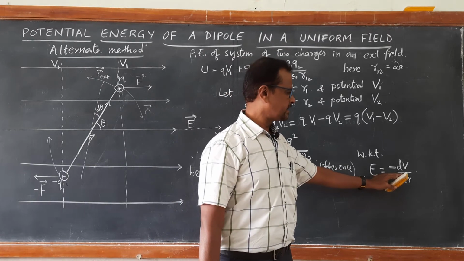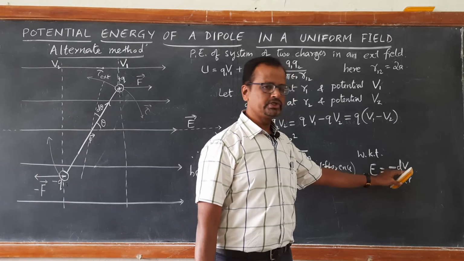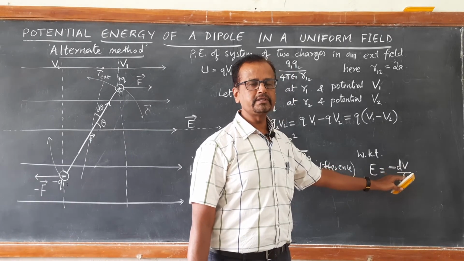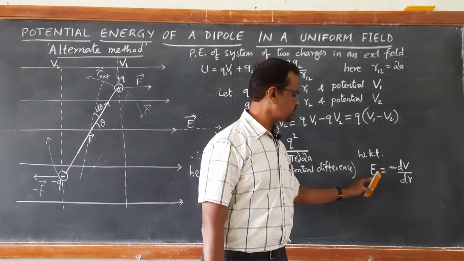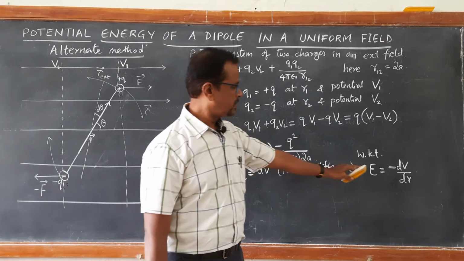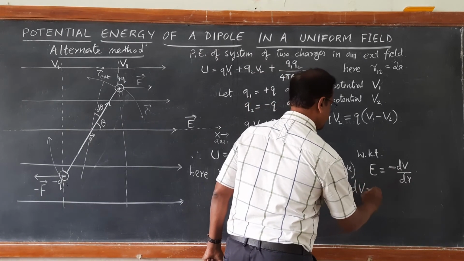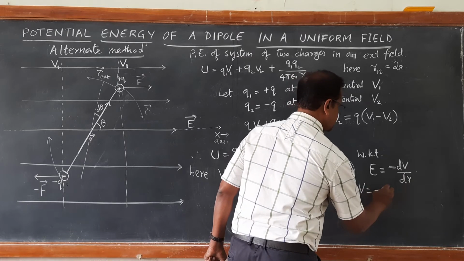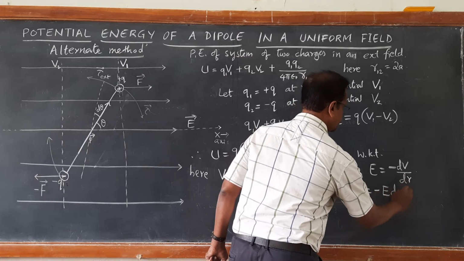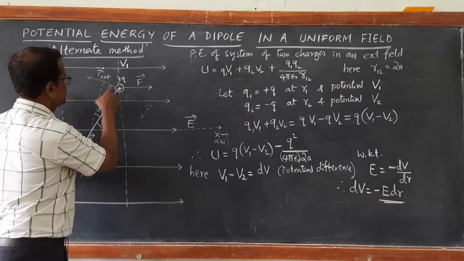Electric field is the change in potential per unit displacement perpendicular to the equipotential surface. Therefore dV is equal to minus E dr, where dr is the distance between these two surfaces.